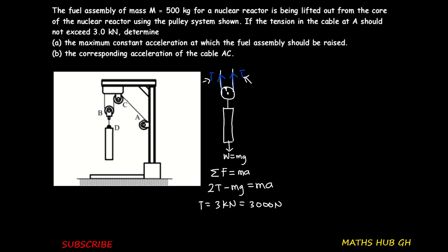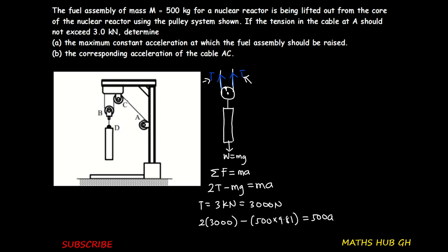So in doing this, you are going to have 2 multiplied by 3000 minus the mass times the acceleration due to gravity. The mass of the full assembly was given to be 500 kilograms, times 9.81. This should be equal to the mass times the acceleration, which is 500 times the acceleration.